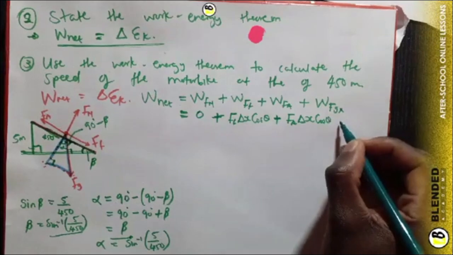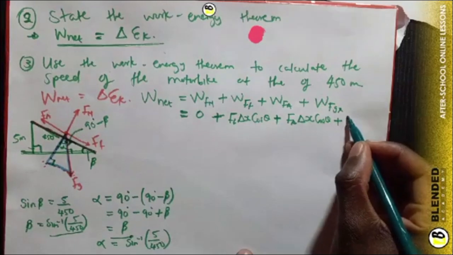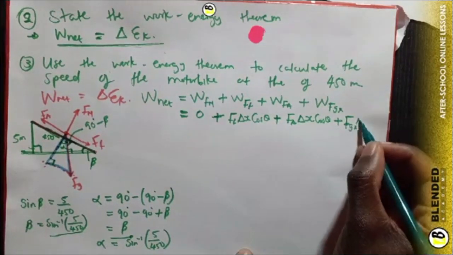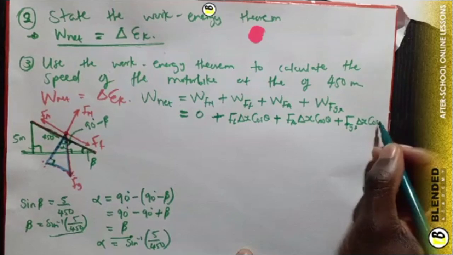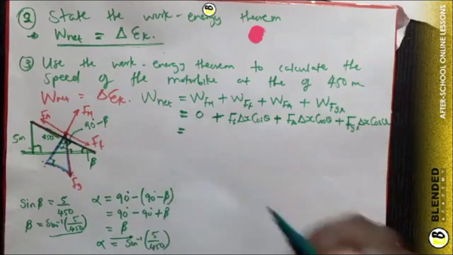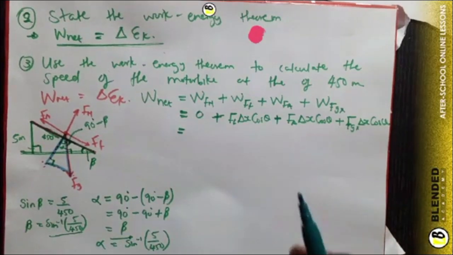The same thing. And then for the x component of the weight of the object, we're going to have Fgx, which is the x component, times change in x, cos theta. All right. So now at this point, we can put in the values there and calculate the net work done.